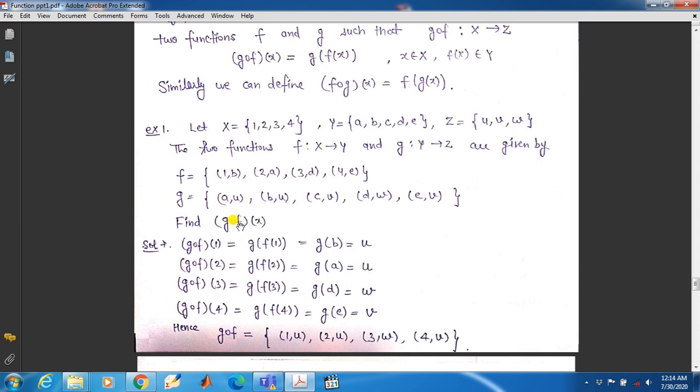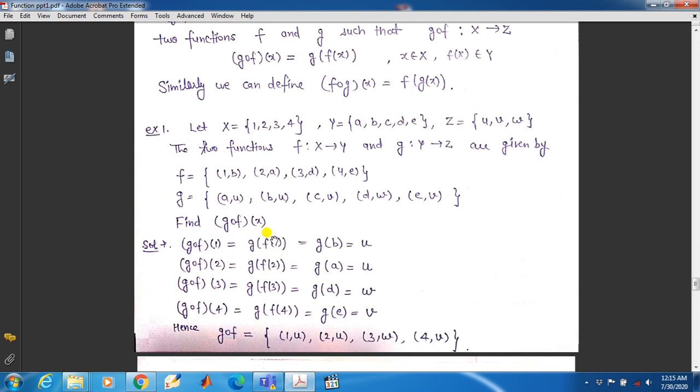Since you have to find g of f of x, for all the elements of X, x belonging to capital X, we need to find g o f. So for all the elements 1, 2, 3, 4, we will find the g o f function. g o f for 1 will be g(f(1)).